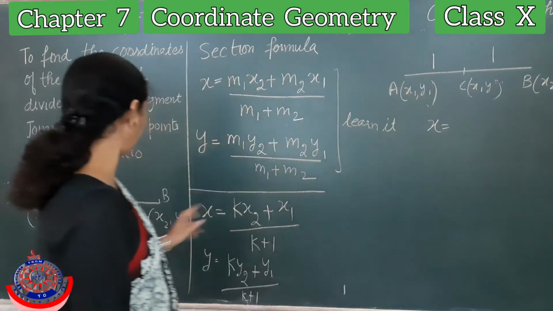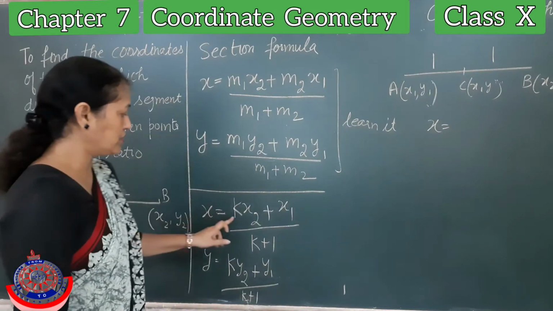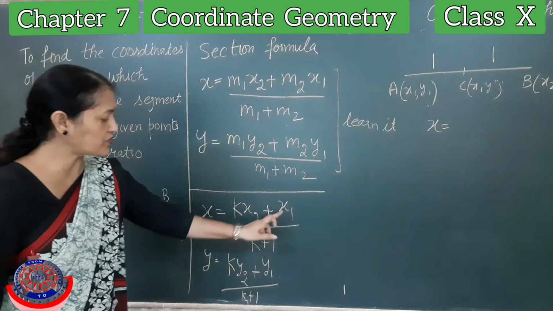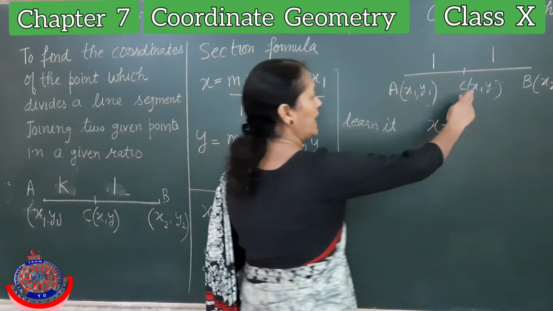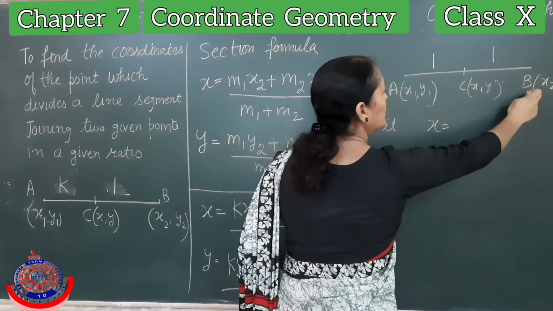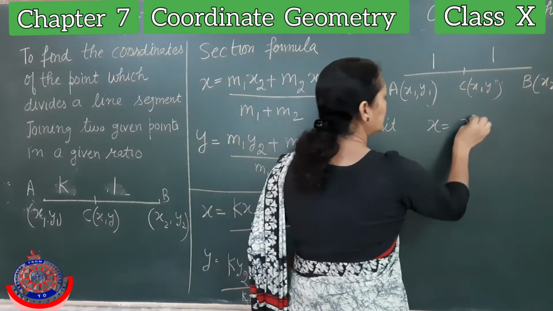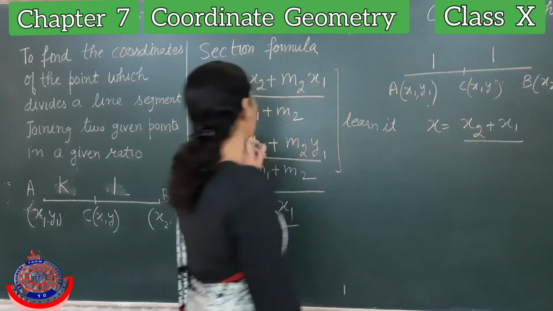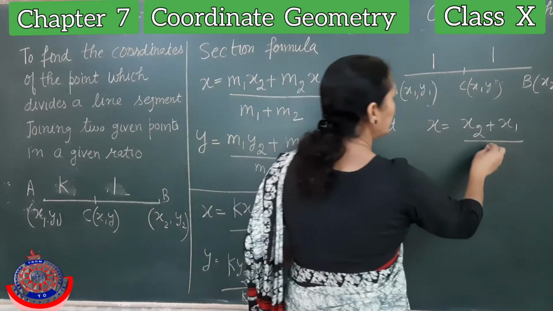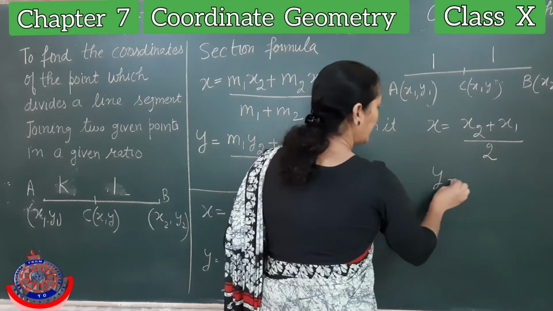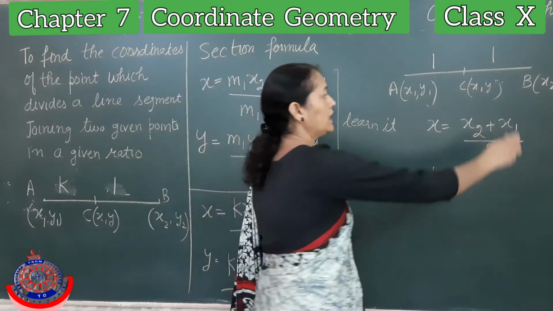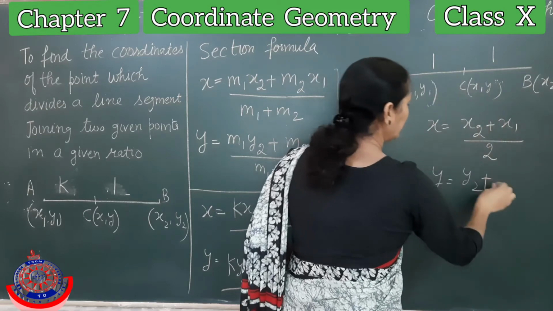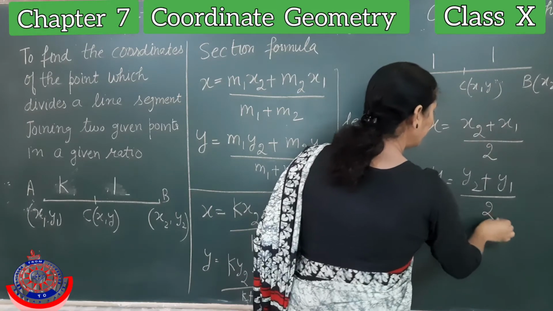So we will not write k, we will write 1. x would be equal to 1 into x2 plus 1 into x1, means x2 plus x1, upon the sum of the ratios m1 plus m2, that is 1 plus 1 equals 2. In the same way for y, it will be 1 into y2, that is y2, plus 1 into y1, means y1, upon 2.